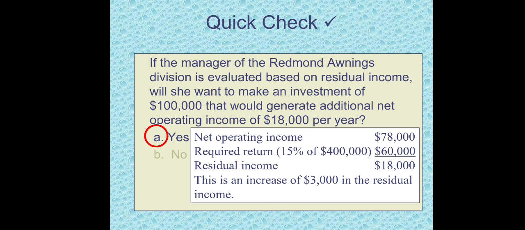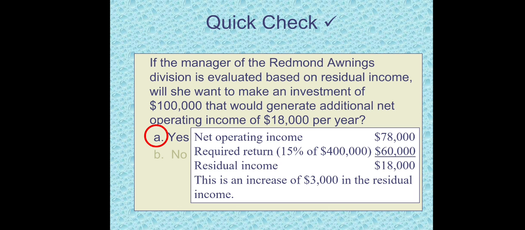The answer is yes. If the manager takes the new investment, the net operating income will become $78,000, which is $60,000 plus $18,000.